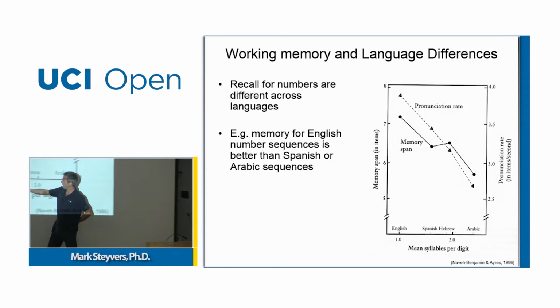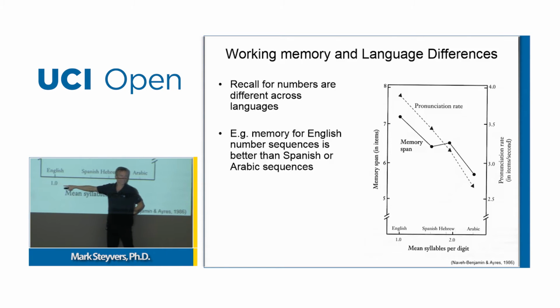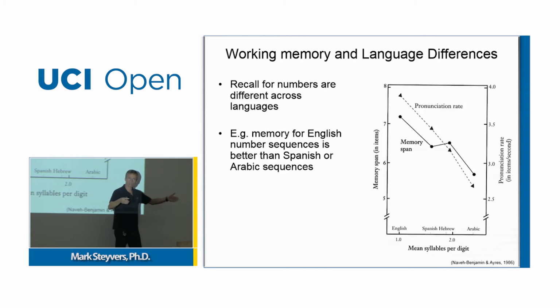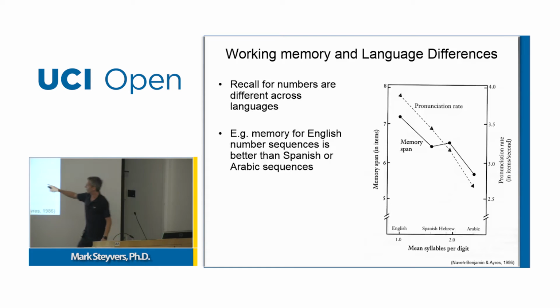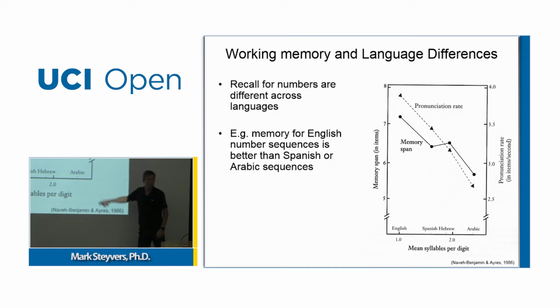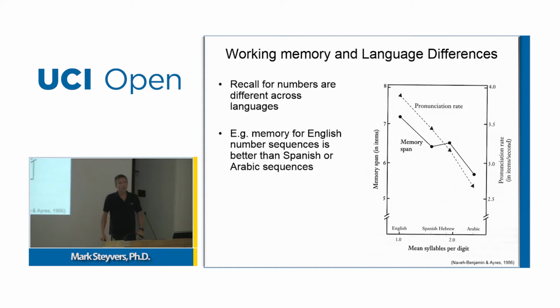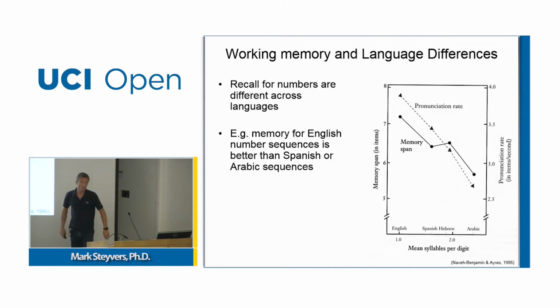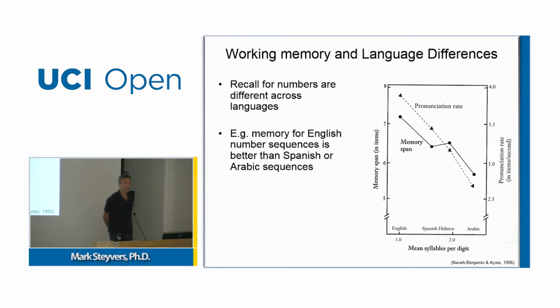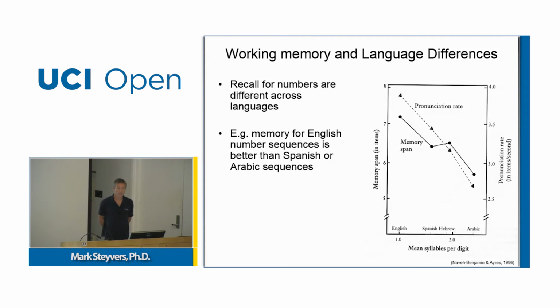Now I'm not sure why English is exactly 1, because 7 has 2 syllables, but English is definitely short, right? Most digits are 1 syllable long. Arabic, much longer, 2 or more. It takes you longer, therefore, as the results show in the dashed line, to pronounce digits in Arabic than in English.